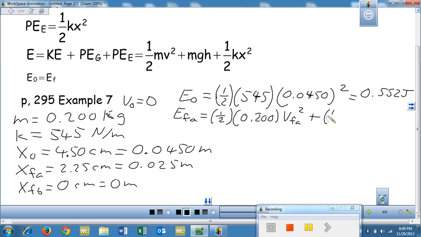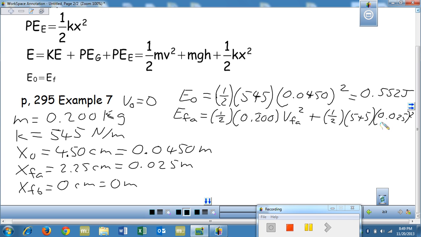So that's 1/2 times K, which is 545, times the new X, which is going to be 0.025 squared.